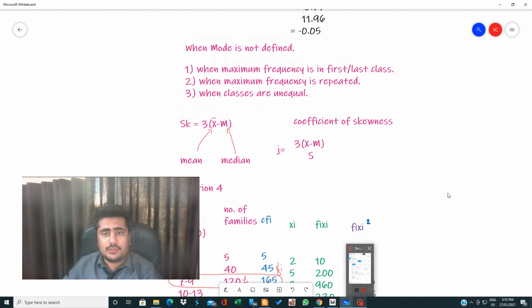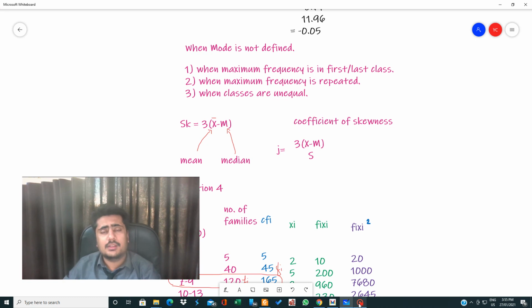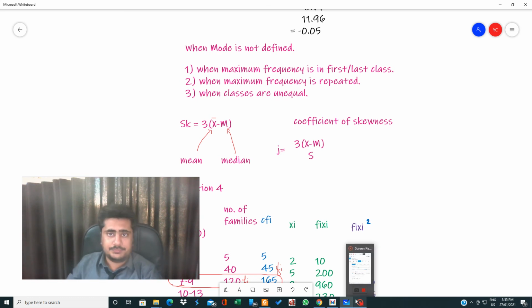So skewness is 3 into mean minus median, and coefficient of skewness is 3 into mean minus median upon standard deviation. So that's it.